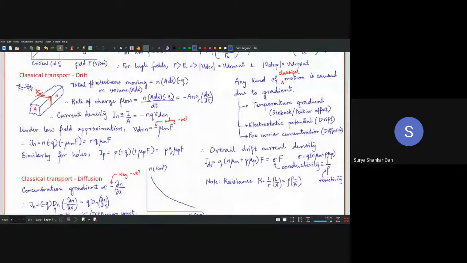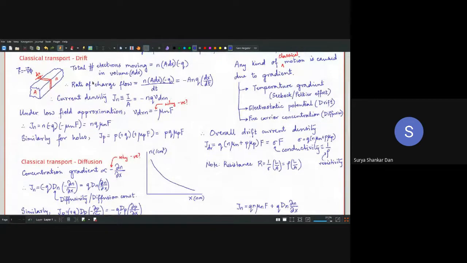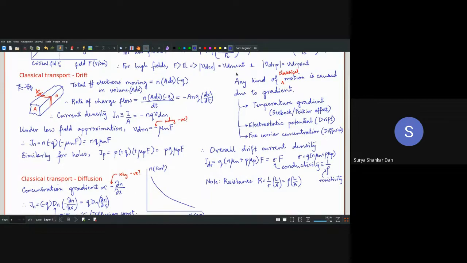Now, with this perspective of the materials, we come to a very important understanding that any kind of classical motion, that's why I specifically put classical over here, like quantum motion, quantum transport. Quantum transport is beyond the scope of this course.